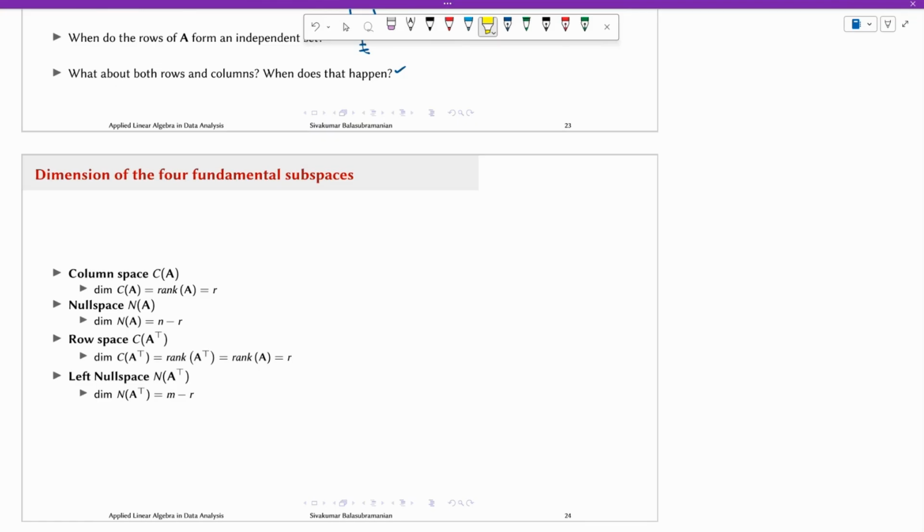Okay. Let's say we have a matrix. As always, we have a matrix A, which is n cross m. And let's say it's a rank deficient matrix, or the rank of the matrix is R. And for sure, R is less than or equal to the minimum of n and m.